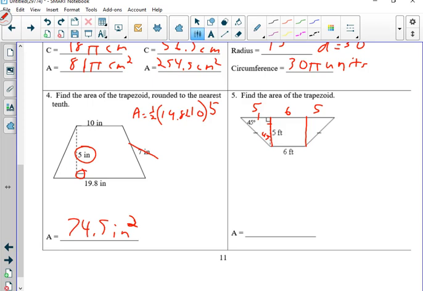So that means this base is 16. So area is 1/2 6 plus 16 times 5. So 16 plus 6 is 22. Half of that is 11 times 5 is 55 square feet.